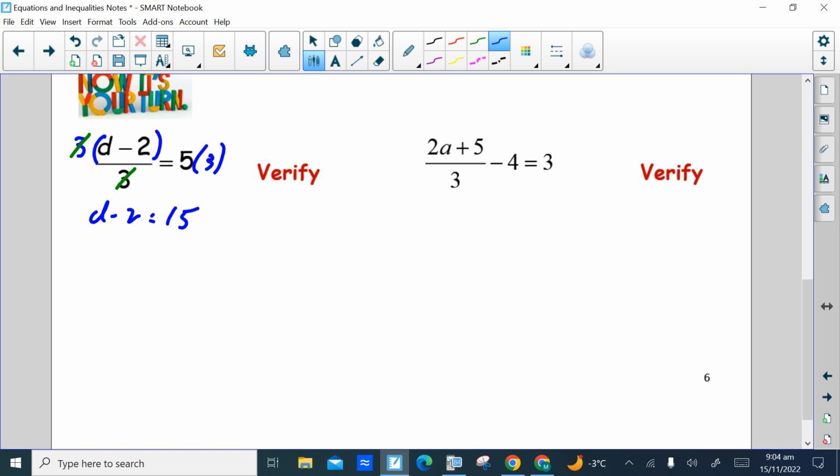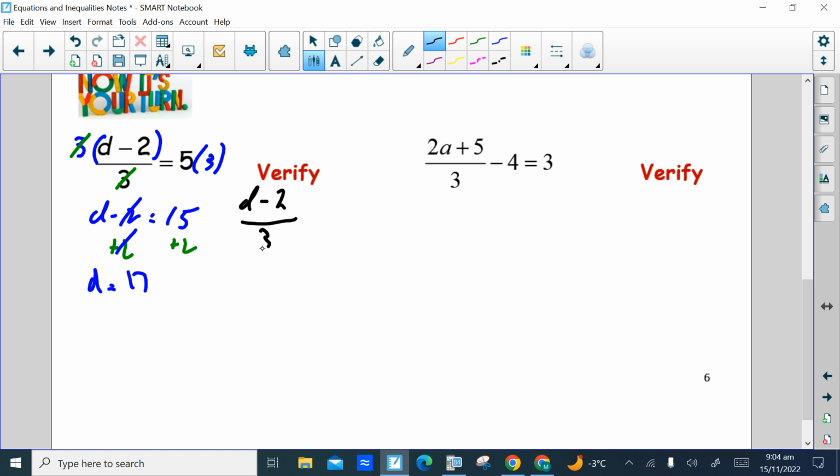Now what, Ava? Add 2 to both sides, you bet. The minus 2 plus 2's cancel, and you'll get d by itself on the left. 15 plus 2 is 17 on the right. That should be our answer.